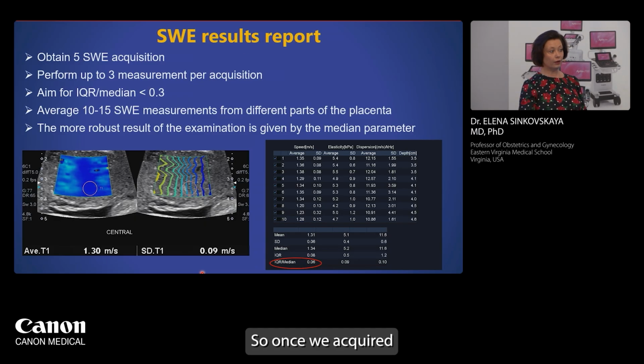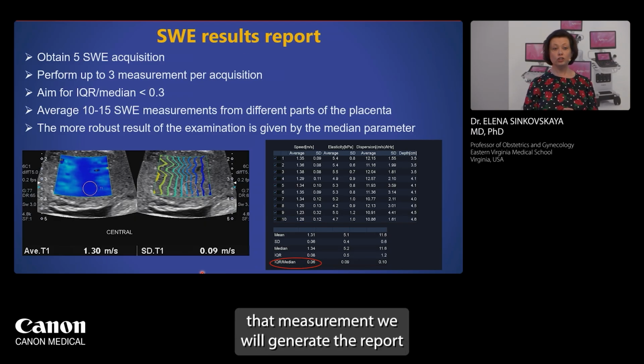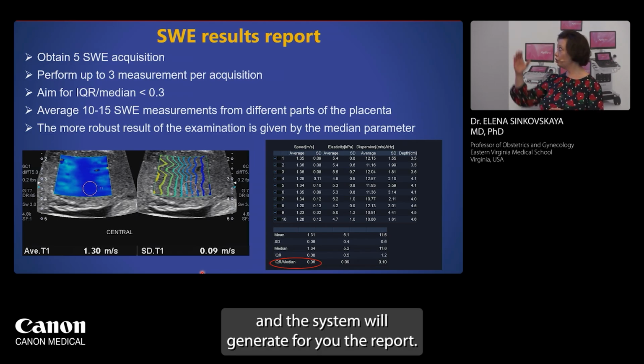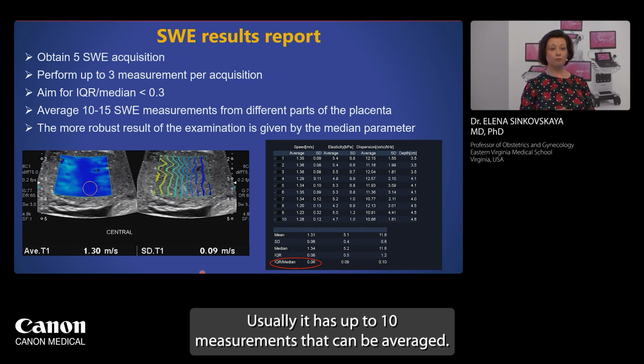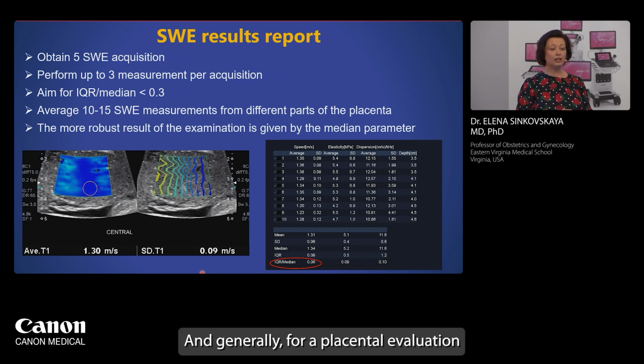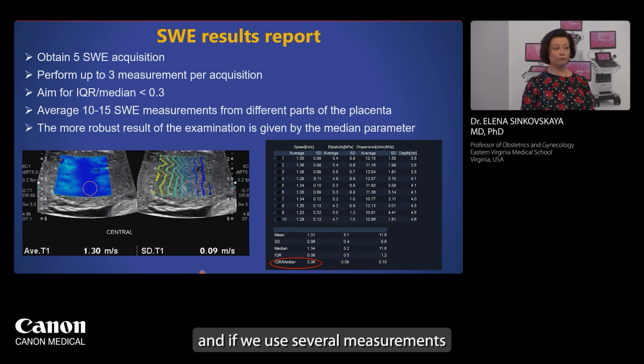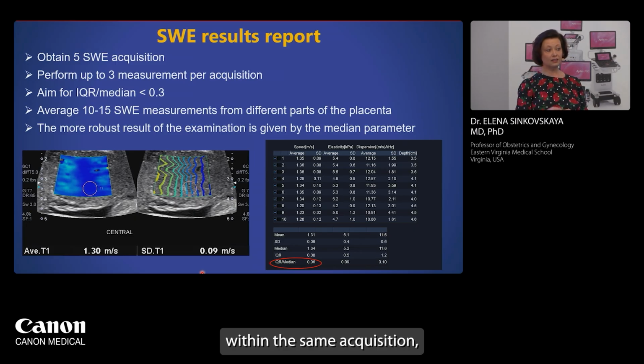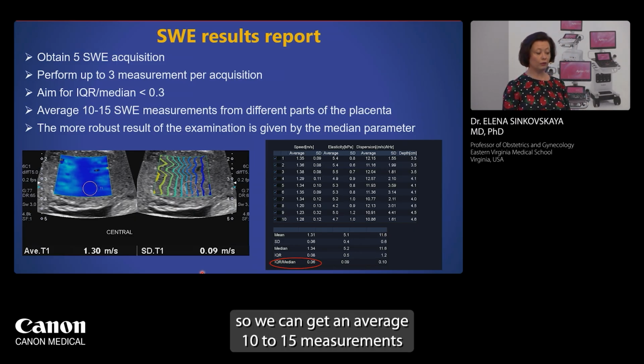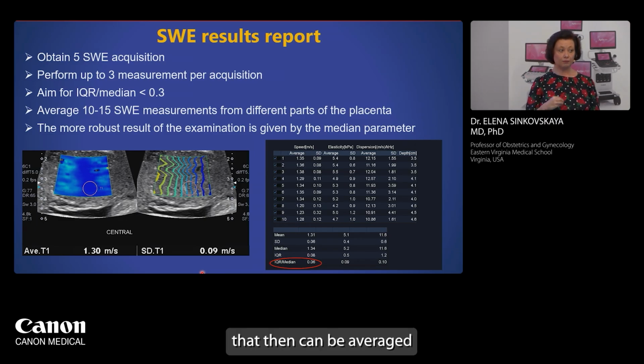Once we acquire that measurement, the system will generate the report for you. Usually it has up to 10 measurements that can be averaged. Generally for a placental evaluation, we recommend at least 5 acquisitions. If we use several measurements within the same acquisition, we can get 10 to 15 measurements that can then be averaged.